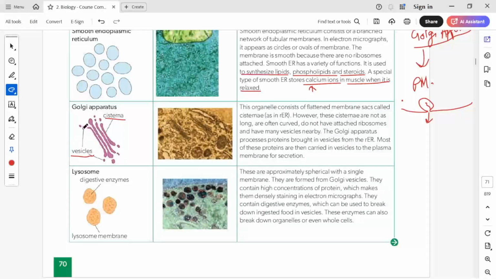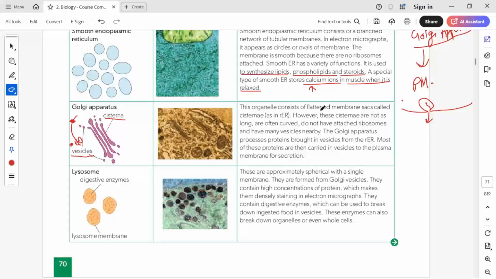For example, if it has a protein which has to be located on the plasma membrane, this vesicle will take it to the plasma membrane and the particular protein will be localized on the plasma membrane. And if the function of this protein is to be secreted out, then this vesicle will take it outside and it will be secreted outside the cell. So this is the function of the Golgi apparatus.